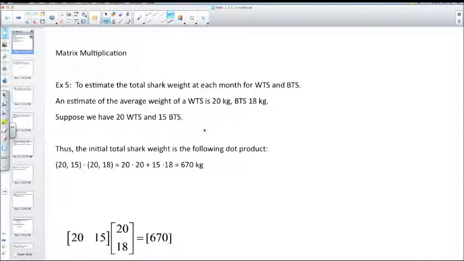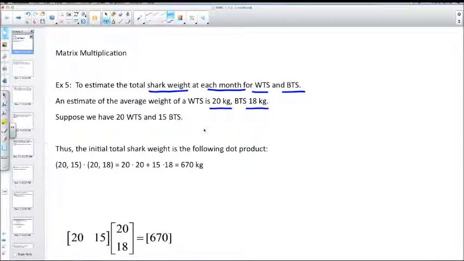To estimate the total weight of the sharks in each month for both type WTS and BTS, we made an estimation. The average weight of WTS is 20 kilograms, and the average weight of BTS is 18 kilograms.